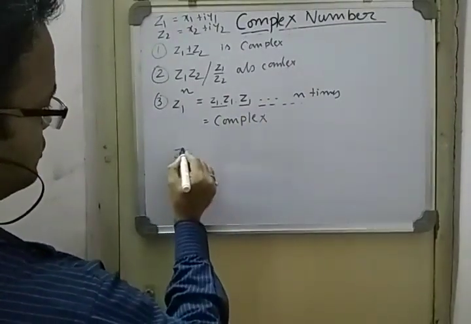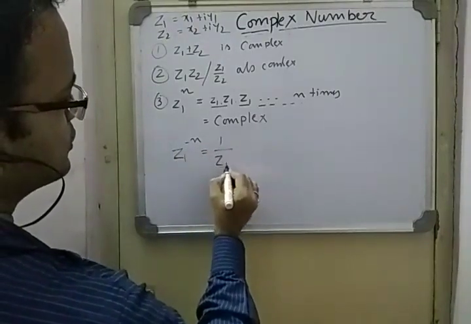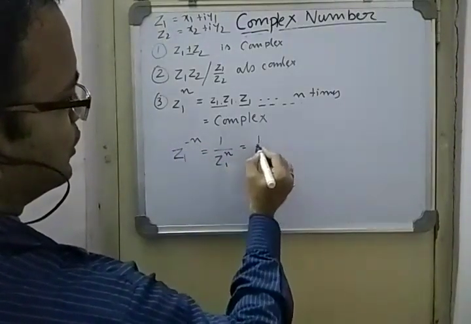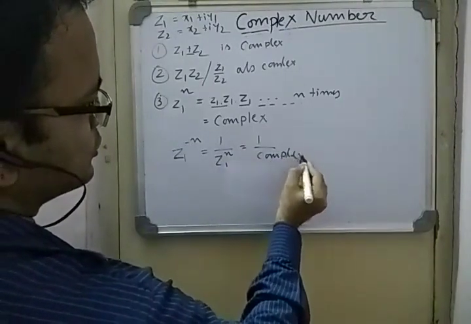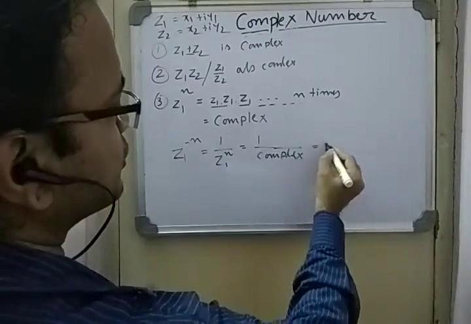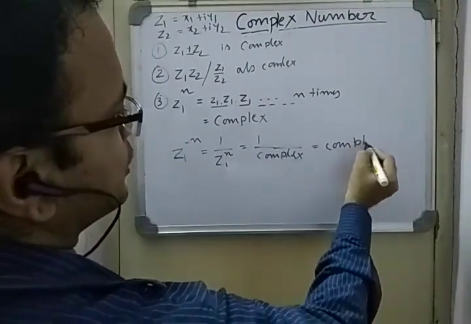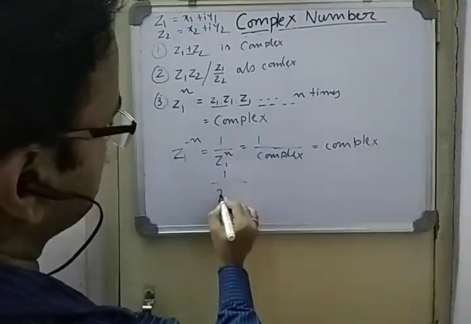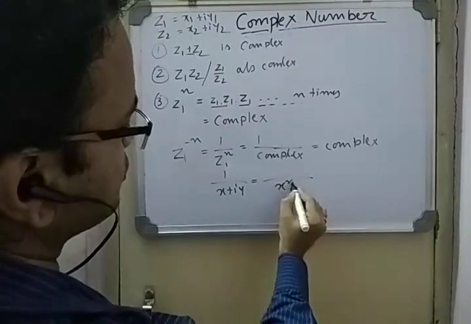What if n is a negative integer? Simply this is complex, so 1 by any complex number is also a complex number. It is simple. If you have 1 by x plus i y, just multiply the denominator with the conjugate of this.